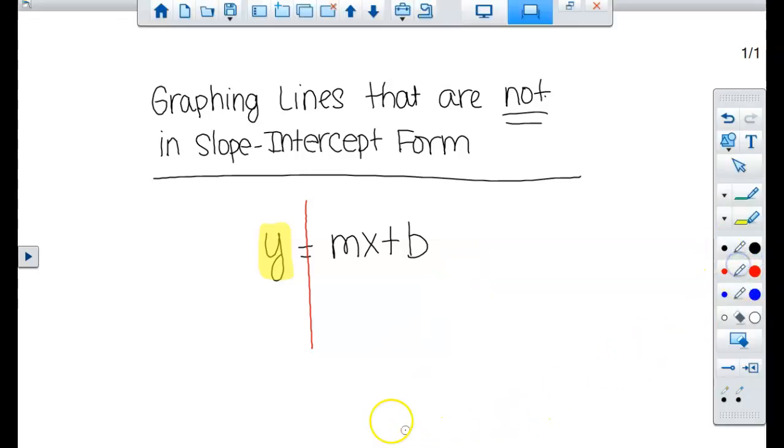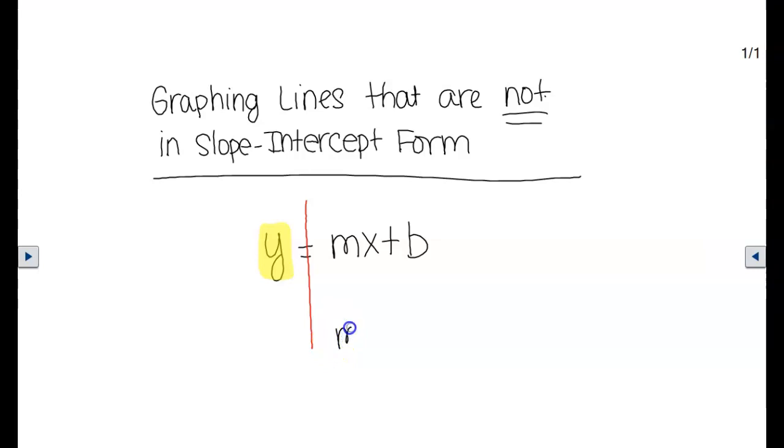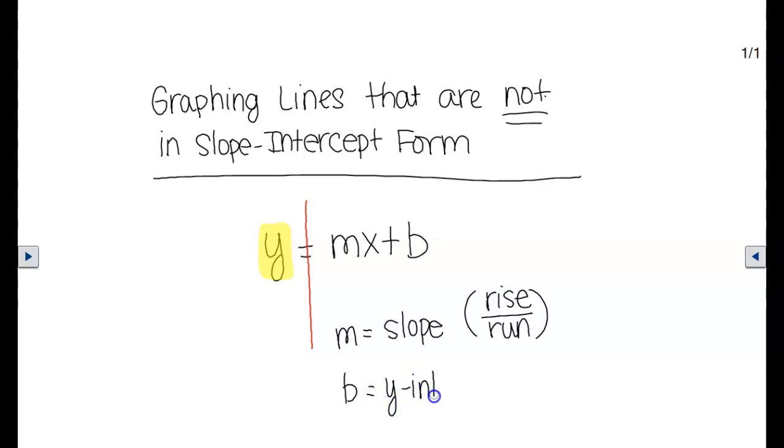Now this is the form that we've been using a lot because it makes graphing easy. The m in this equation is the slope, which we know is the rise over run. And then the b in this equation is the y-intercept, which tells us where the line crosses the y-axis.